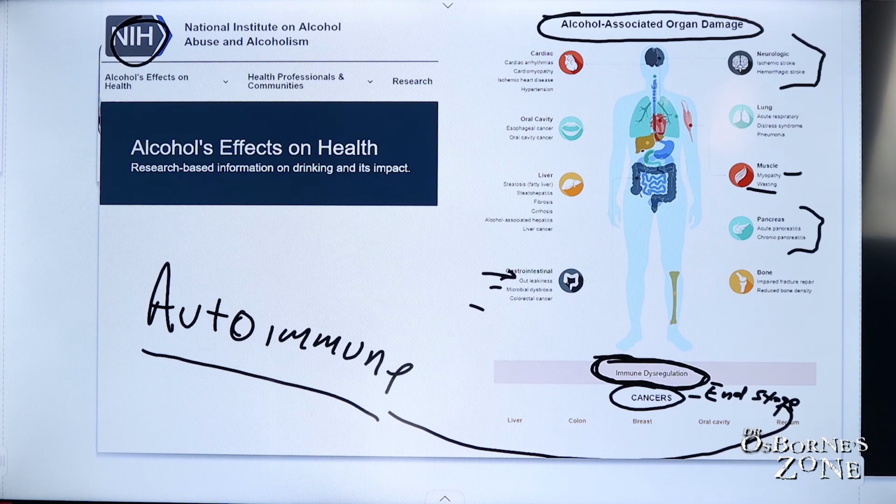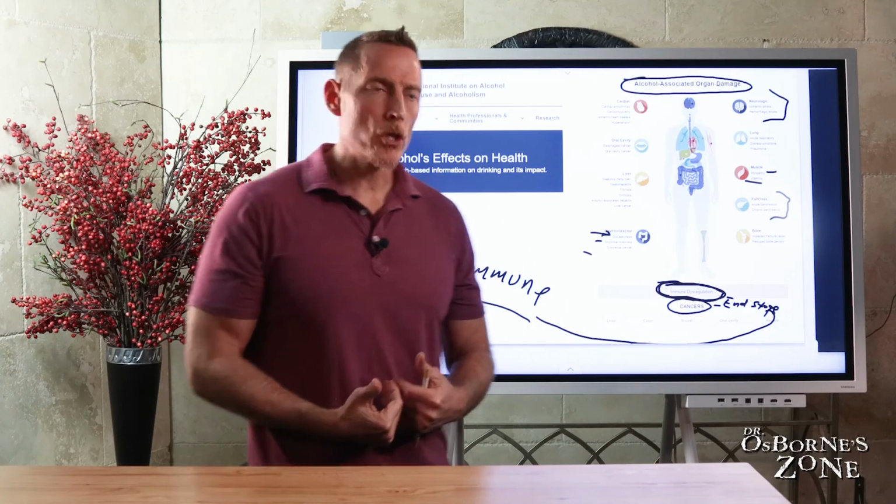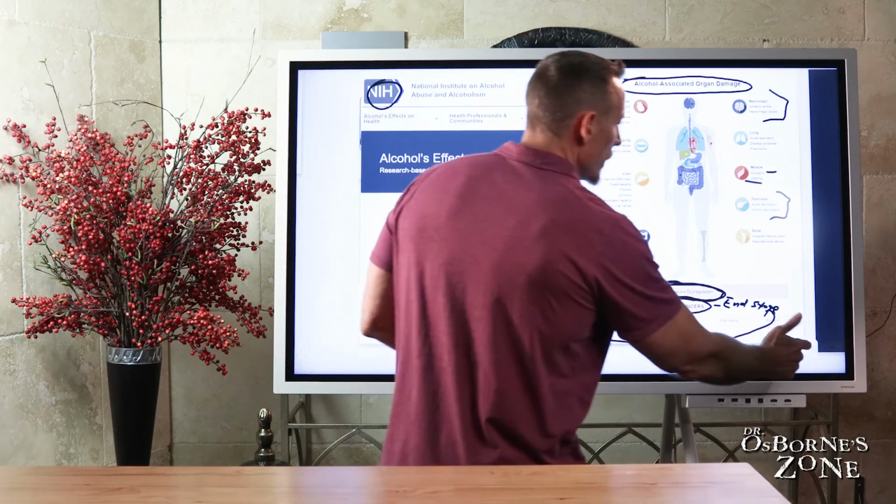You don't have to drink the alcohol. You can chemically produce your own if your microbiome is imbalanced.